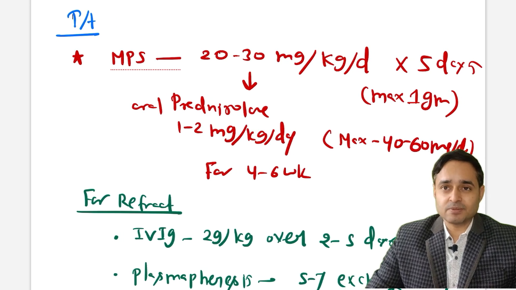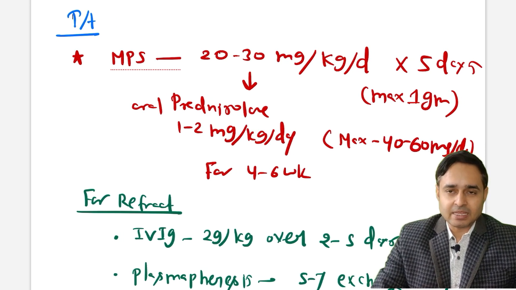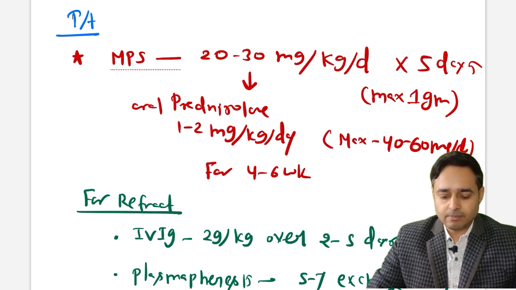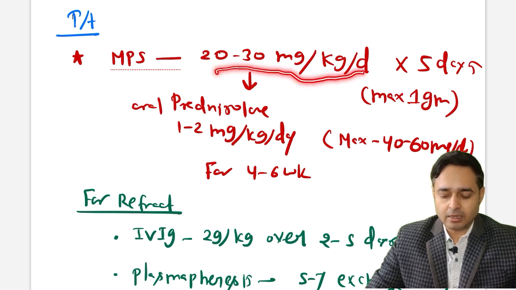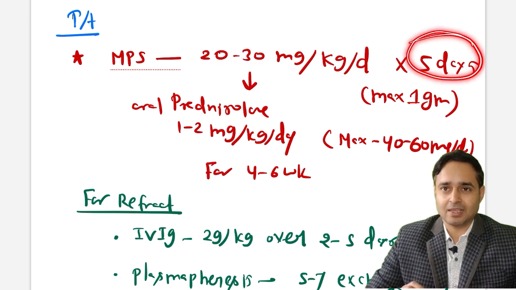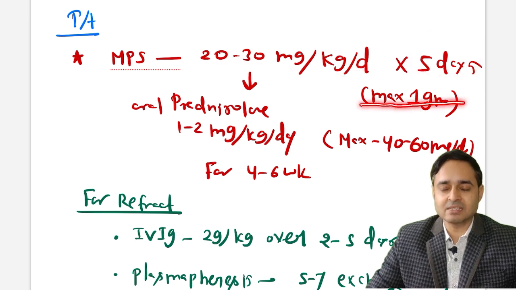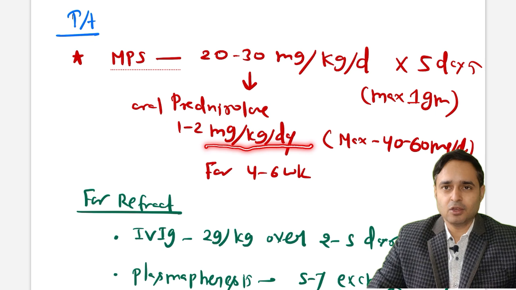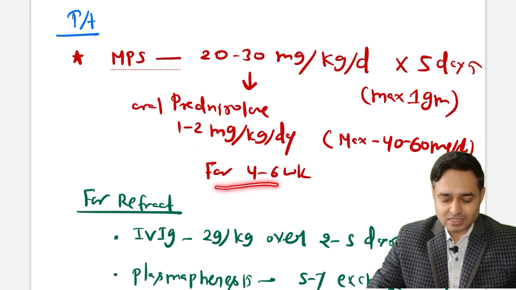So, what is the treatment of ADEM? This is again an important slide. Methylprednisolone is given 20 to 30 milligram per kg per day for 5 days. Again, important, maximum dose is 1 gram, followed by oral prednisolone 1 to 2 milligram per kg per day for 4 to 6 weeks.